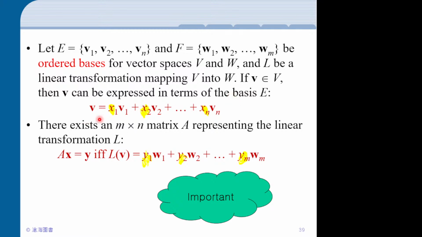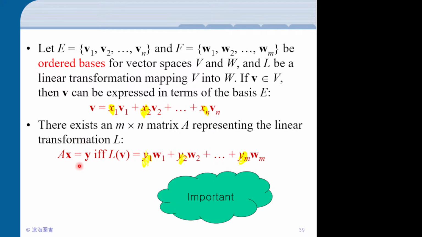So you have these unique coordinates x1 to xn, and you map something. This v has unique coordinates x1 to xn, and then you get a linear transform into something, L of v, and this L of v also has unique coordinates y1, y2 to ym.